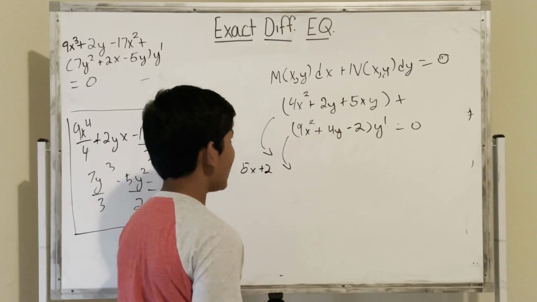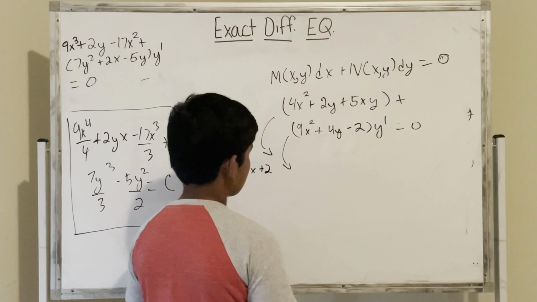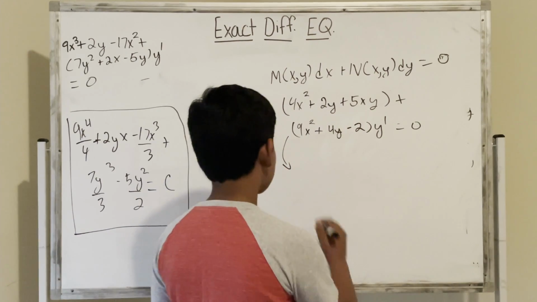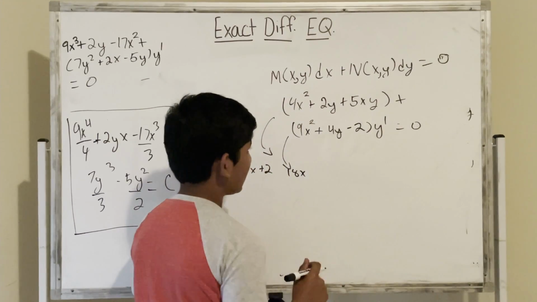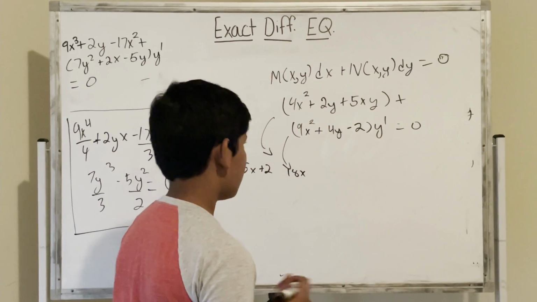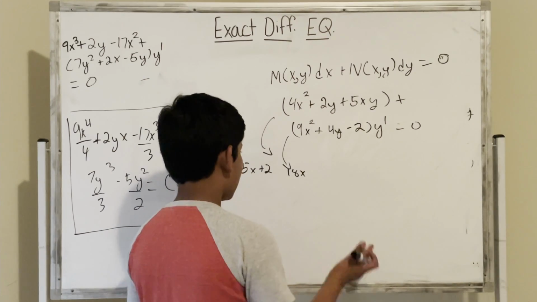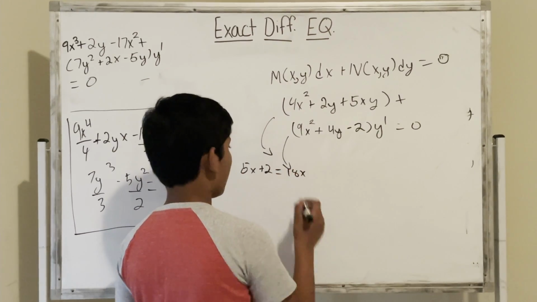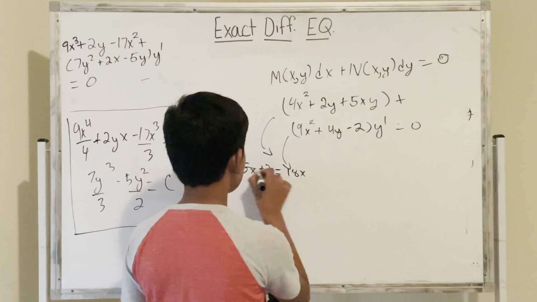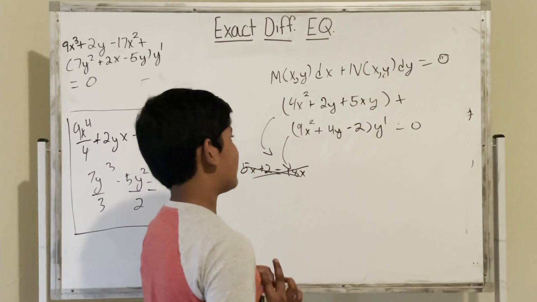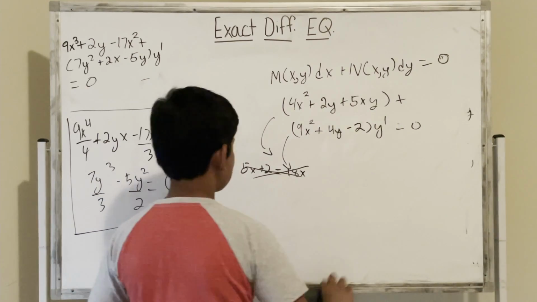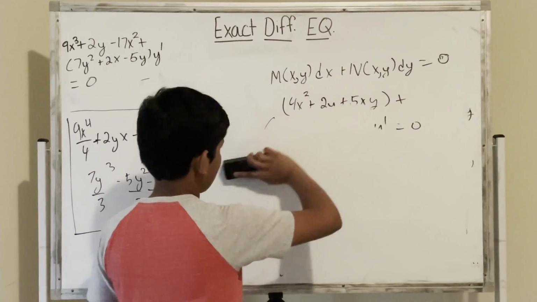Then over here, we're going to get 9x squared, which the derivative is going to be 18x. And then 4y is going to cancel out, and minus 2 is also going to cancel out. So we'll just get 18x. And are these two equal? Well, we can set them to be equal, but essentially they are not equal. So now that we've discovered that they are not equal, the test for exactness fails. So this is not an exact differential equation.